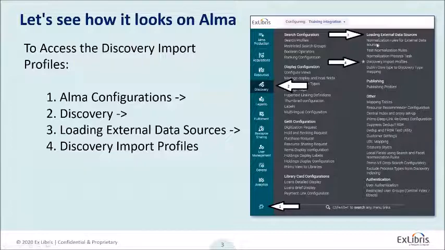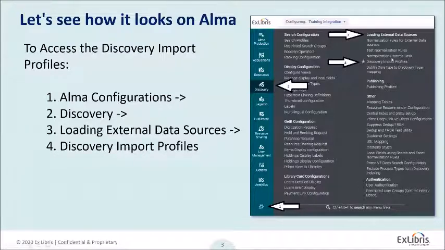The first one is, as I mentioned before, normalization rules for the import profiles, in case we need to do some manipulations on the data before loading it into Primo. So this is the place to do that. Next, we can test these normalization rules in a safe environment just to see the outcome without running any processes.